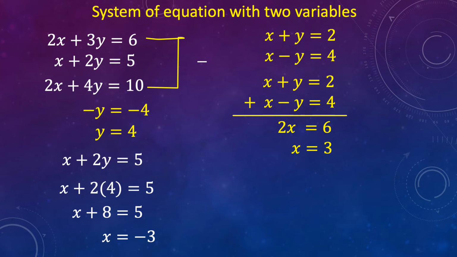So I will choose equation number 1, x plus y equals 2. So 3 plus y equals 2. You move 3 to the right hand side, 2 minus 3, you get negative 1. So our answer for this simultaneous linear equation will be x equals 3, y equals negative 1.